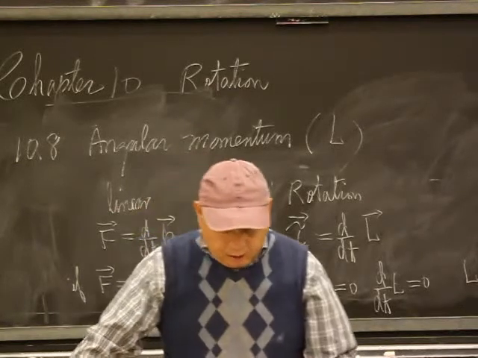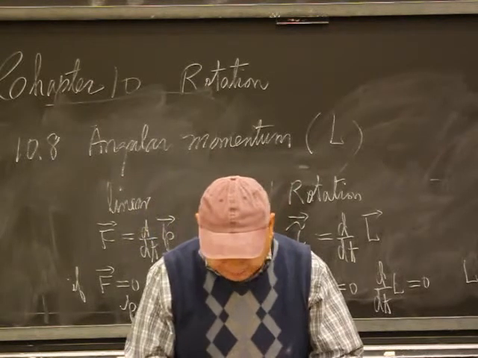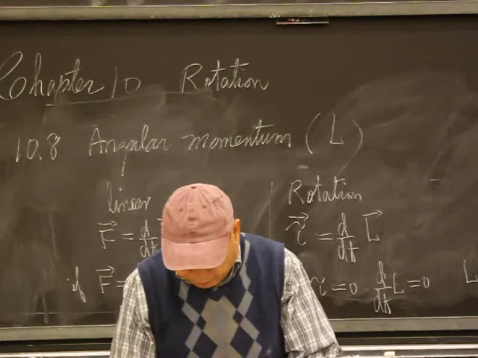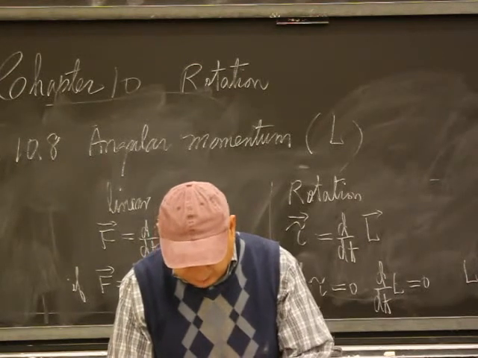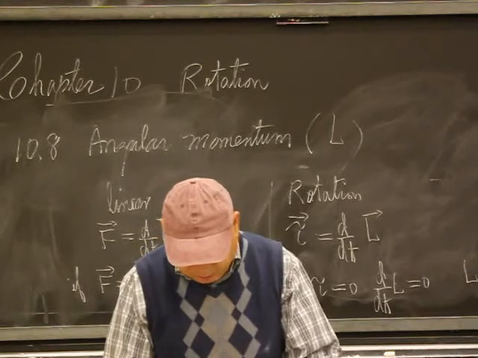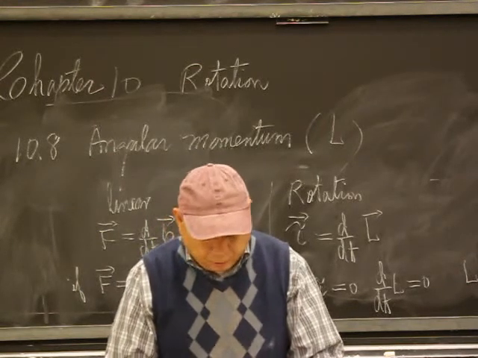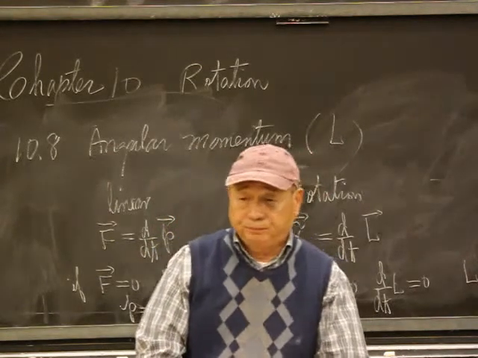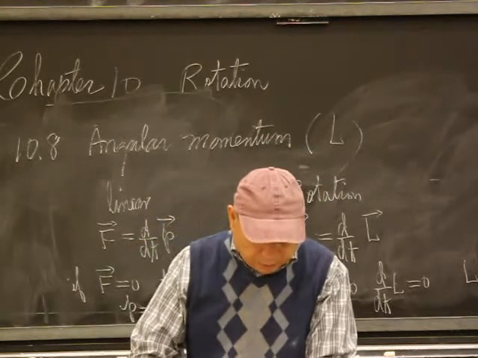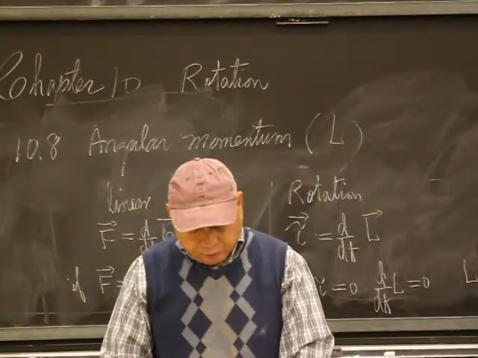Now there's one problem, like 59, that is almost equivalent to the example. The example is example 10.5. That means if you know how to do example 10.5, you should know how to do number 59.